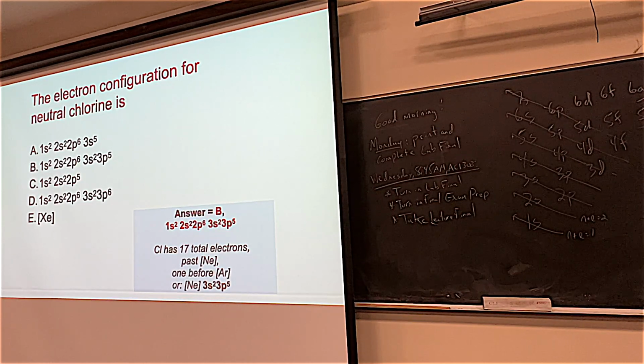So chromium should be 4s2 3d4 by these rules, but it's actually 4s1 3d5. And you can kind of justify that, Lucas, because there's a little bit of energy cost to pair 2 electrons together. So if you take one of those and put it in the empty d orbital, that should be lower energy. That's cool. But in palladium's case, why would you take 2 out of 5s, which should be further, and put them in 4d? I don't have any justification for it.